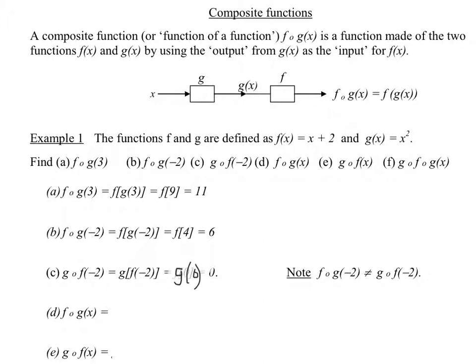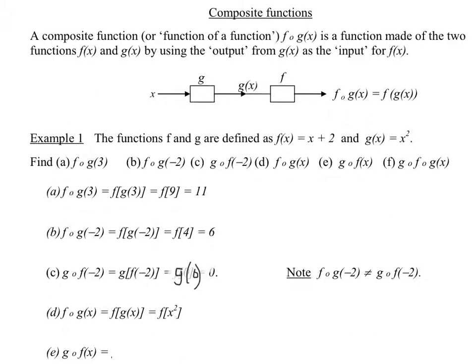In the next question, it's f of g of x, which means that we have to take this g of x and just put it inside this function. So if you have a look at what happens here, we have f of g of x, just as before. Then we take that g of x, which is x squared, and we put it inside the f function.